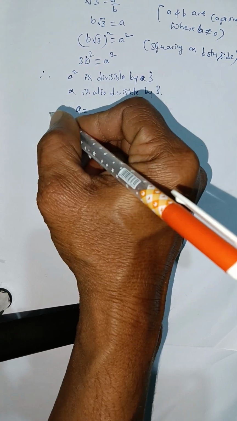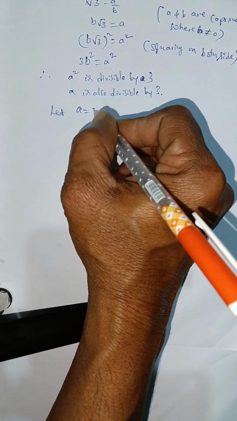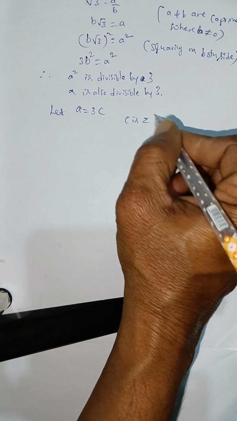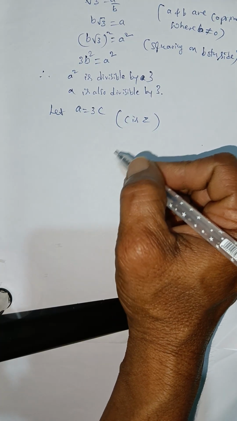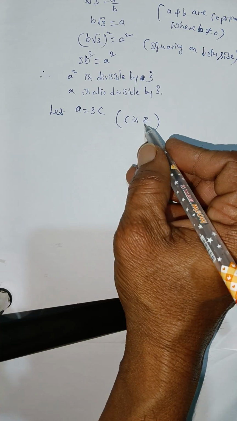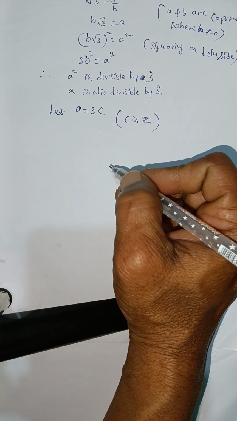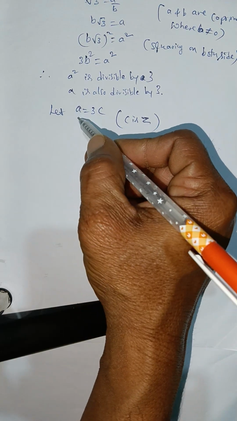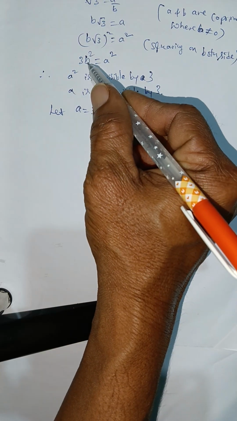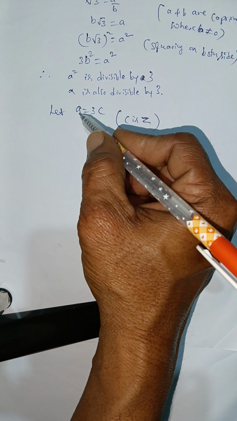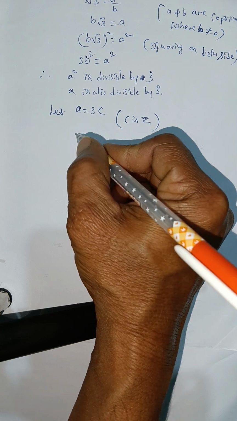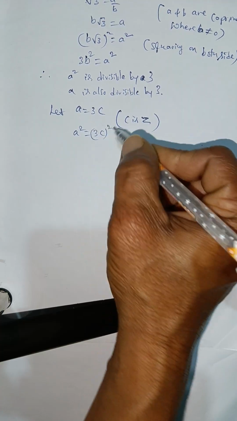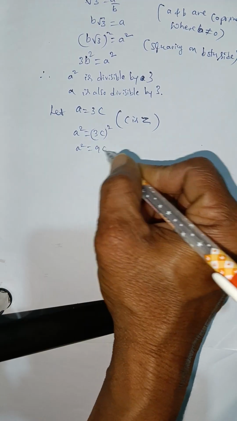Let a is equal to 3c, where c is some integer, that is c belongs to Z. Substituting for a: a square is equal to 3c whole square, so a square is equal to 9c square.